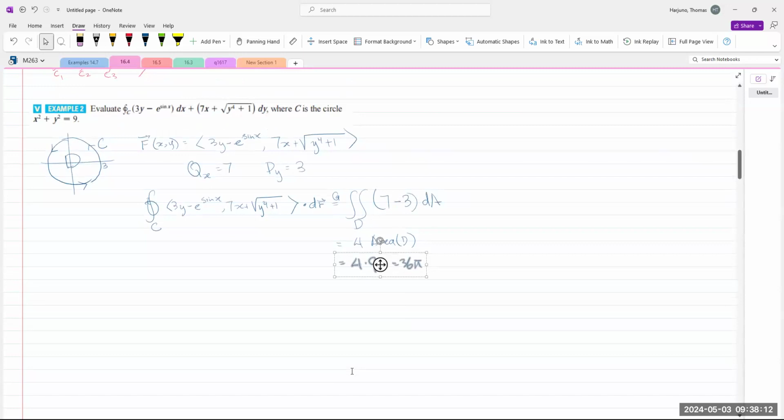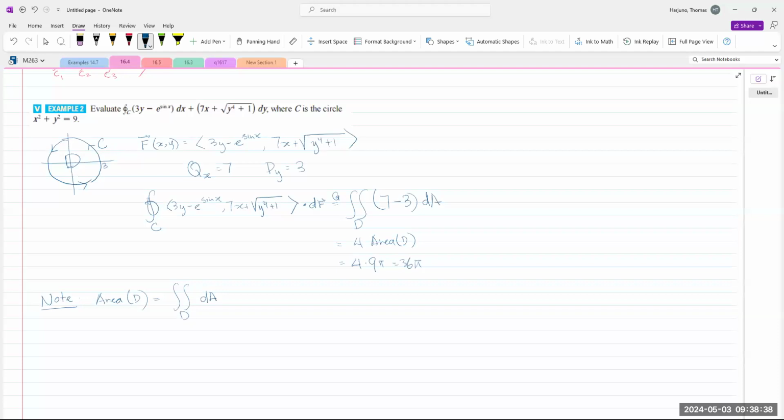If you think about it, the area of region D is equal to, we usually rewrite it this way, the double integral over D of 1 dA. Is it right? Okay.